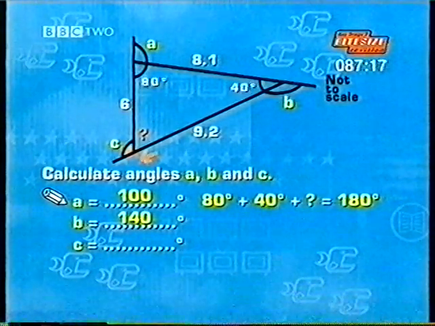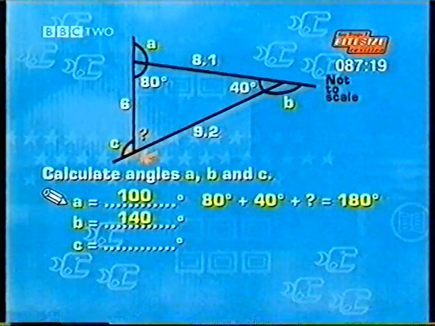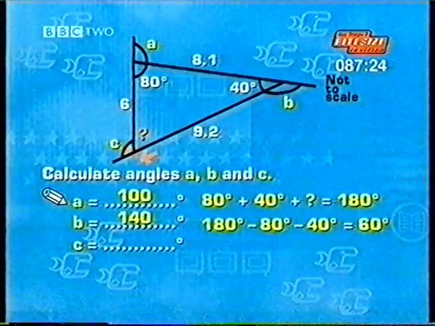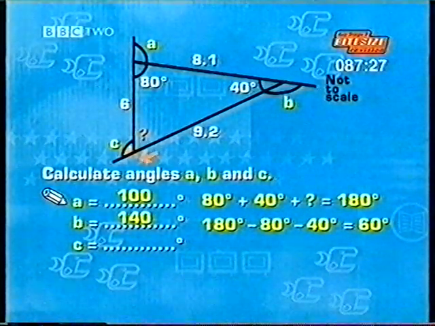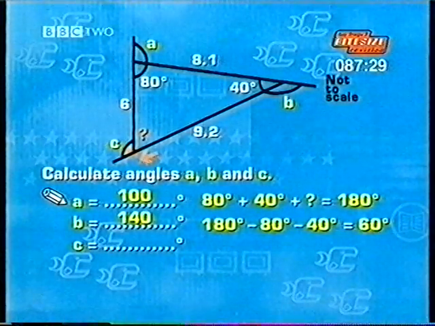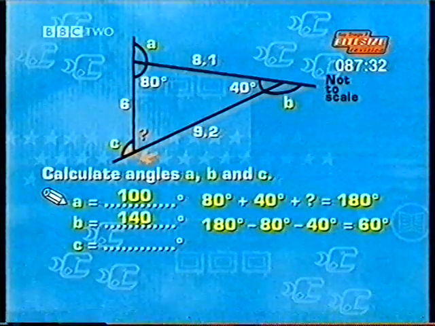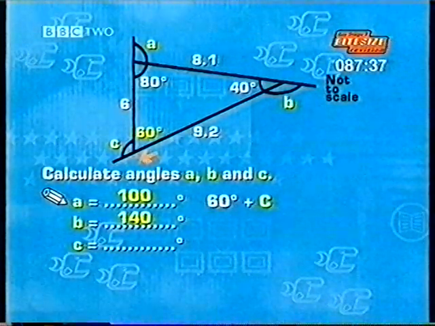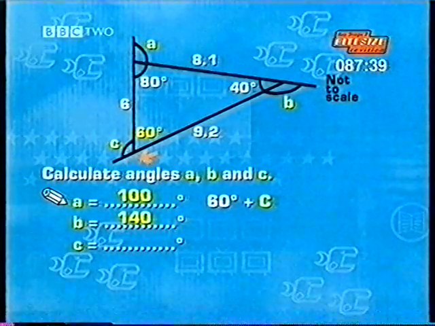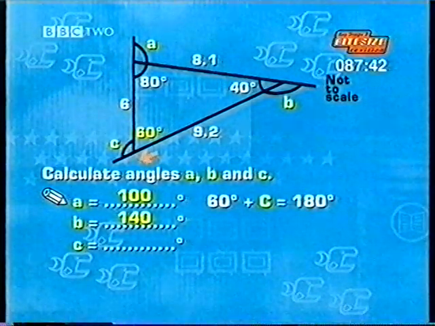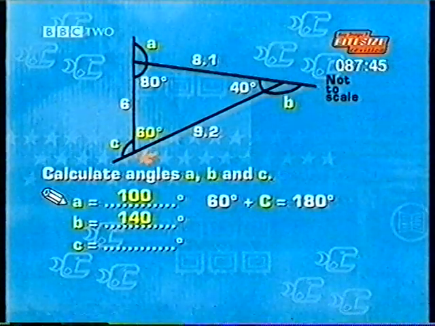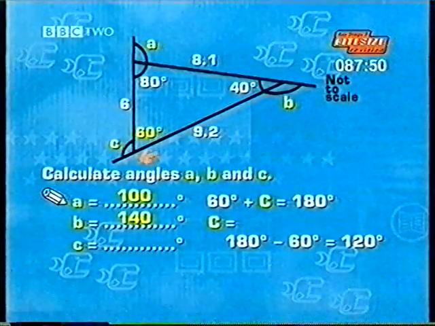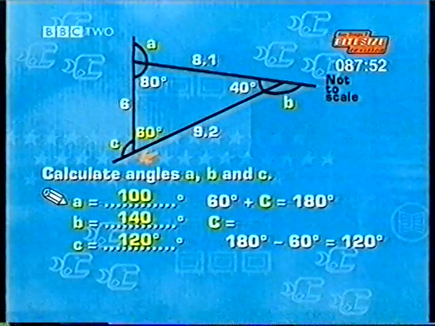You know these angles here, 80 degrees and 40 degrees, so you can find this one by subtracting 80 degrees and 40 degrees from 180 degrees. That's 60 degrees. Now write 60 degrees in here. Now C and the 60 degrees are angles on a straight line, and they add to 180 degrees. So now find C by subtracting the 60 degrees from 180 degrees, and that equals 120 degrees.